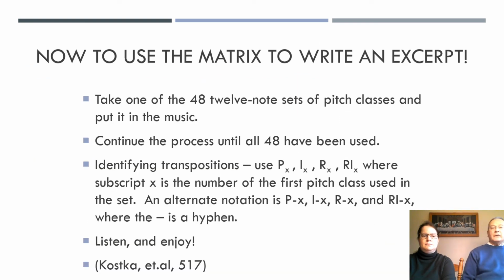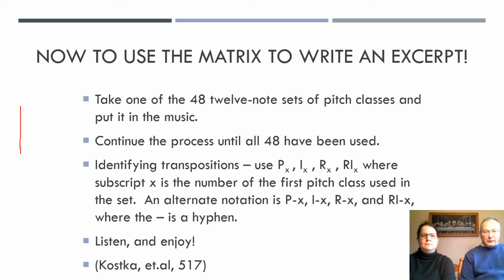Okay, now how to use the matrix to write an excerpt. Take one of the 48 12-note sets of pitch classes and put it into music. Continue the process until all 48 have been used. So identifying the transpositions.